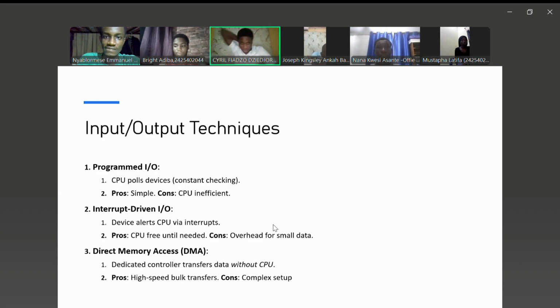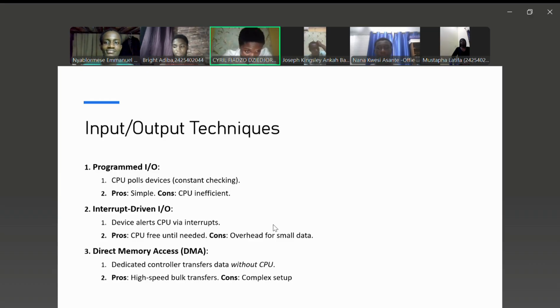The device alerts the CPU via an interrupt. The pro is that the CPU is free until needed, and the con is overhead for small data.